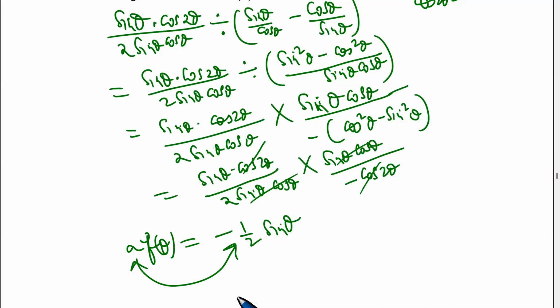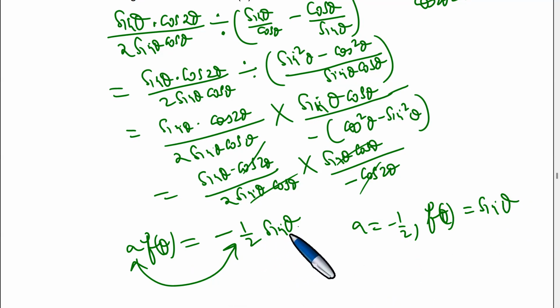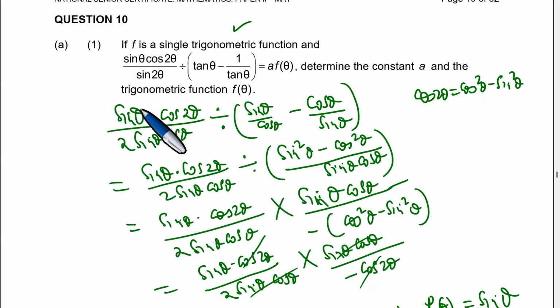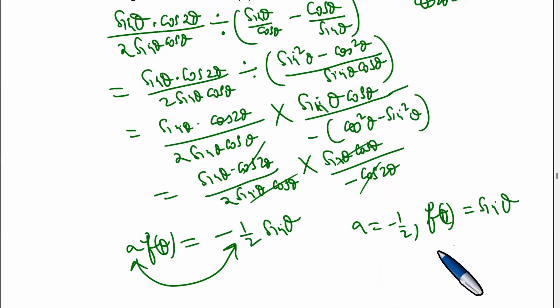Meaning you can relate that A is potentially minus half, and f of theta is sine theta, so that the product is this. This would be one possible solution to the problem. And f of theta is a sine where A is that. So yeah. Next question.